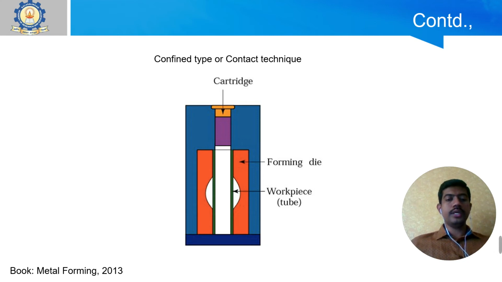Whenever you detonate your explosive, this tube shaped workpiece will suddenly expand and form the shape of your die. If you place your explosives into the work and deform it to the particular shape of the die, it is called the confined type or contact type.